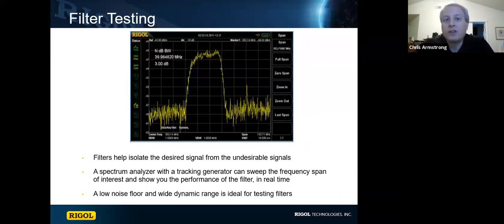And the combination of the tracking generator and the analyzer allows you to do some real clean filter testing type measurements. So you can look at the output of the device and measure its response over frequency, whether it's an amplifier, attenuator, filter, whatever.